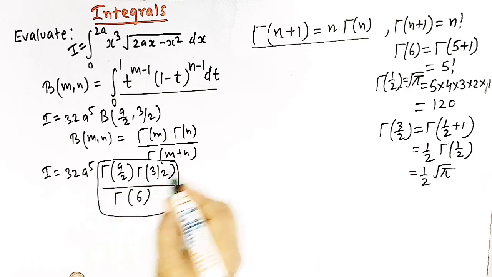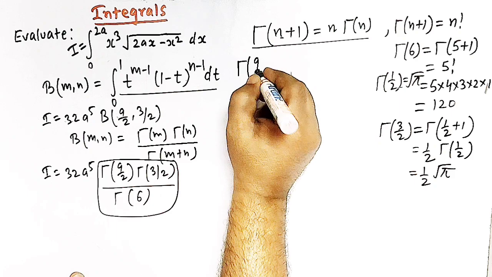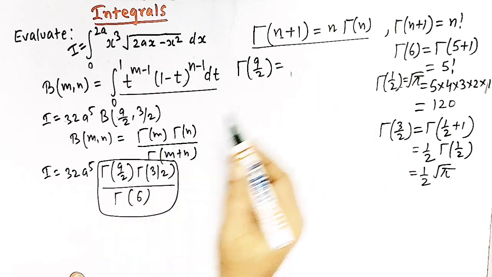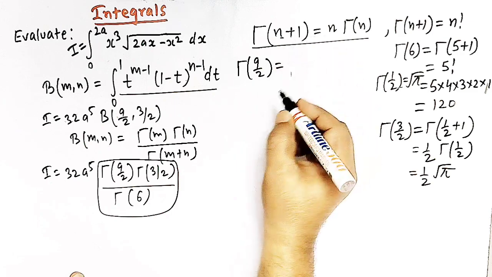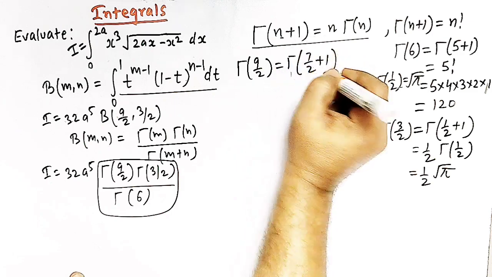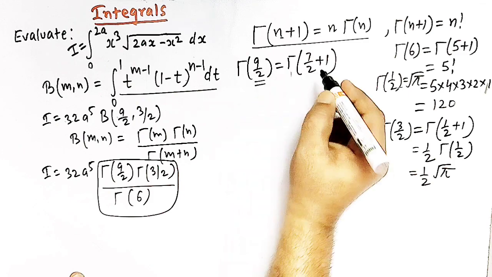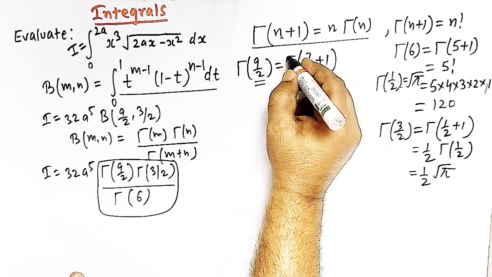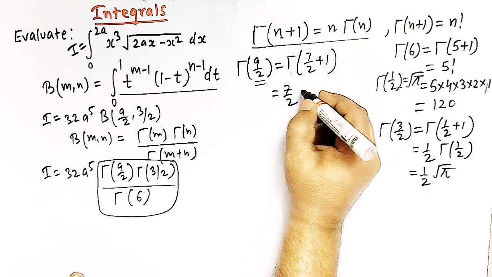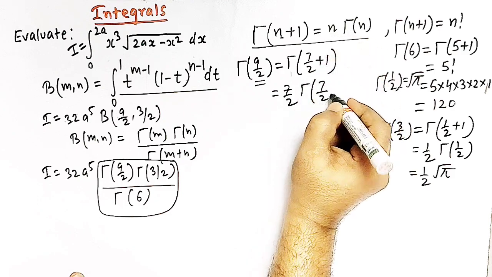Now the value of gamma 9 over 2 can be calculated by using this result. So we can split 9 over 2 as 7 over 2 plus 1. So now we have here 7 over 2 times gamma 7 over 2.